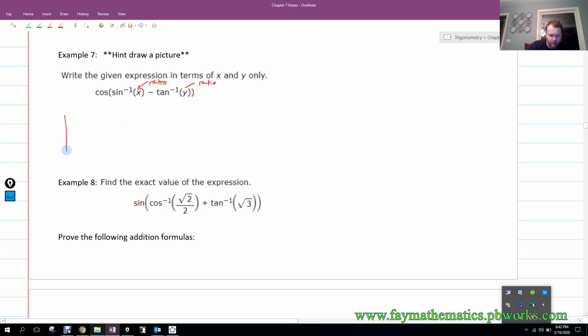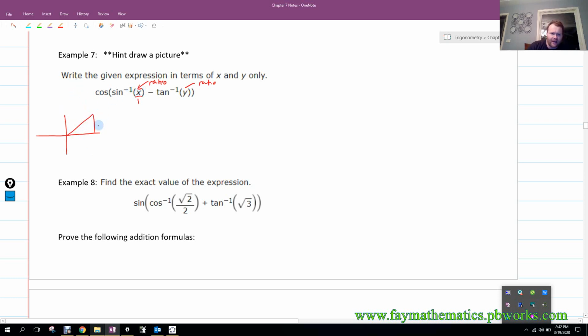So I'm going to draw a picture for that ratio of x over 1. I'm going to assume that sine inverse only happens in these two quadrants. Remember, the range goes from negative pi over 2 to positive pi over 2.